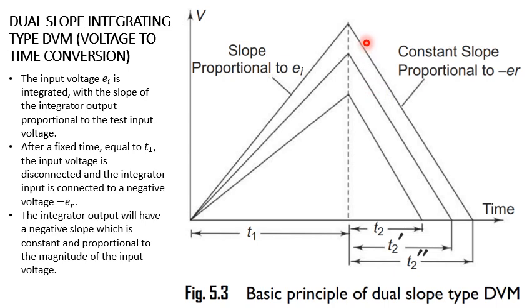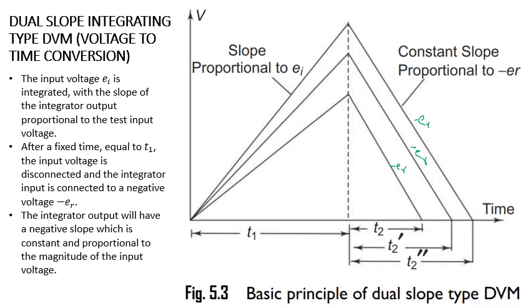That is why the slope of all three of these lines is the same: all three have the same input, minus ER. Here also minus ER, here also minus ER, here also minus ER.